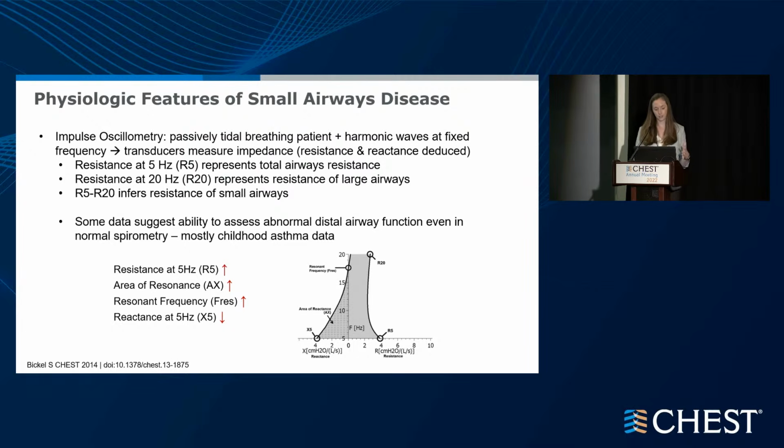And there is data to suggest that this can give us early disease detection of small airways disease with these abnormalities. This is largely done, again, in research settings, and the majority of the data on this exists in particularly pediatric asthma. You can imagine having a patient only needing to tidal breathe without doing complex maneuvers has a lot of value in that population.